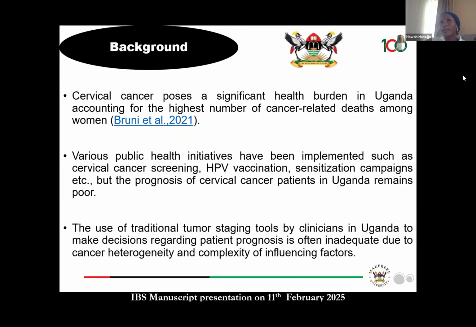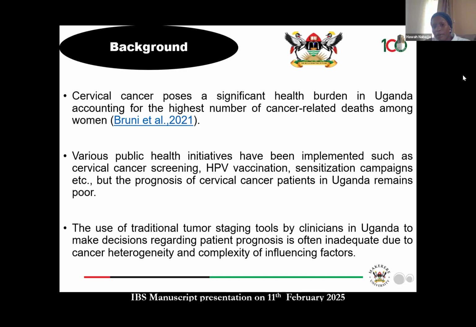When you come to Uganda, about 6,000 women are diagnosed with cervical cancer every year, and about 4,000 die due to this disease. About 61% of the women who die of any cancer-related cause die due to cervical cancer.